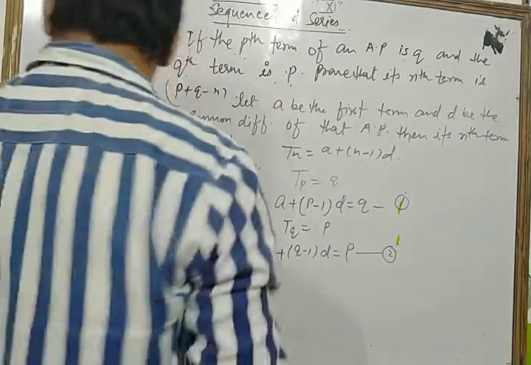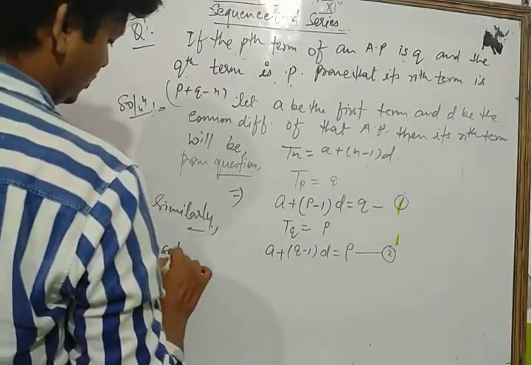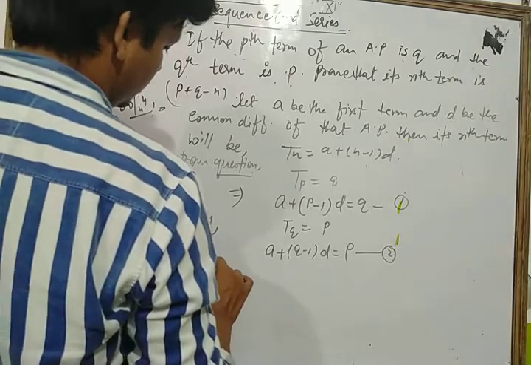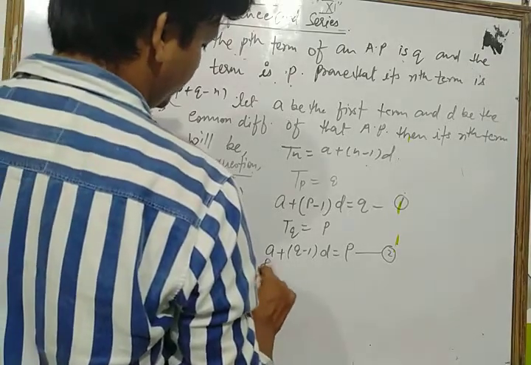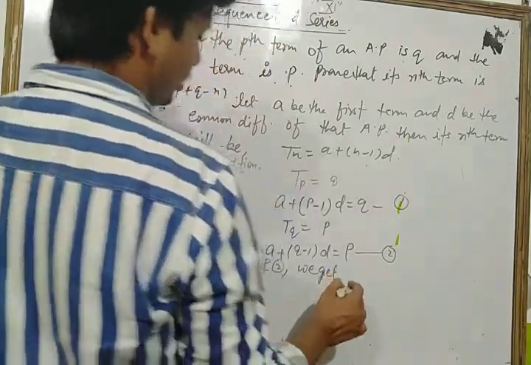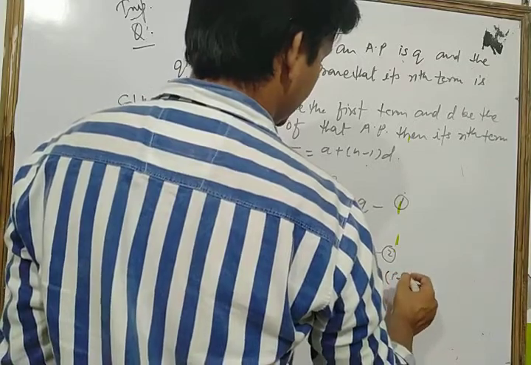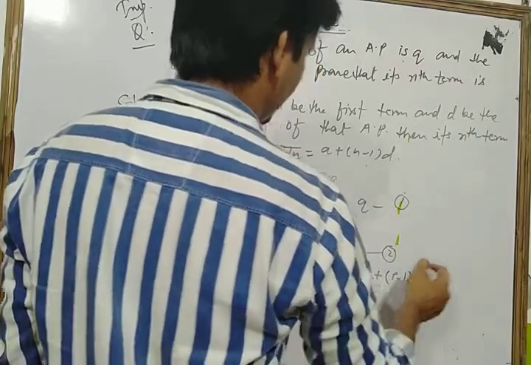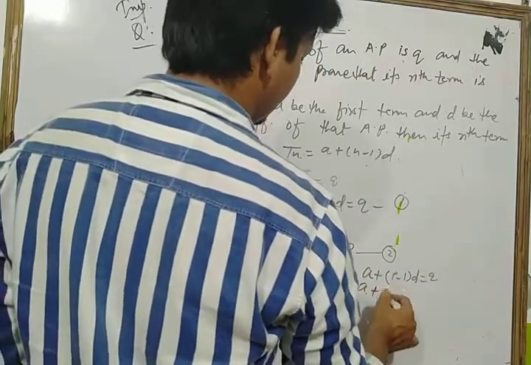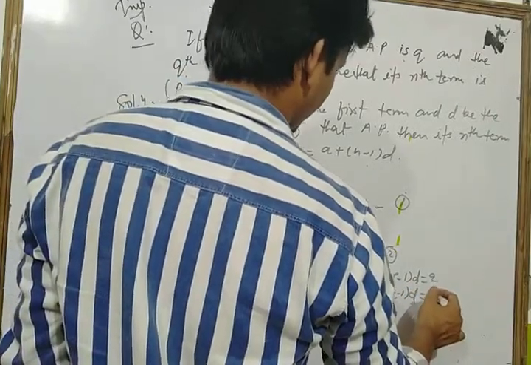Let's see. Solve equations 1 and 2. What do we get? The first equation is a plus (p minus 1) into d is equal to q, and the second one is a plus (q minus 1) into d is equal to p.